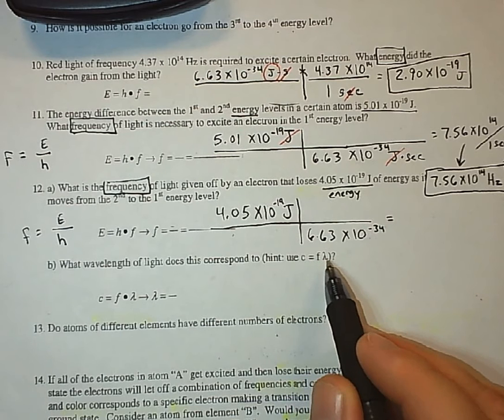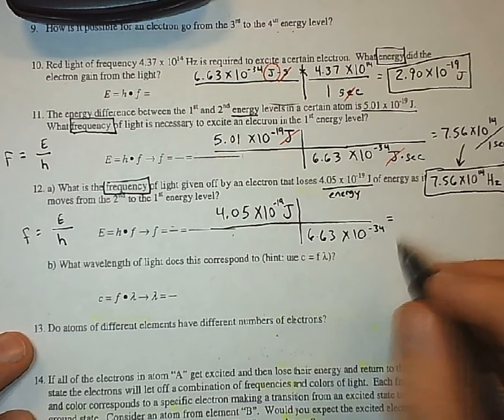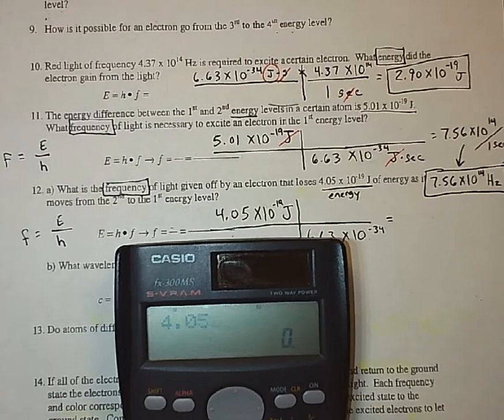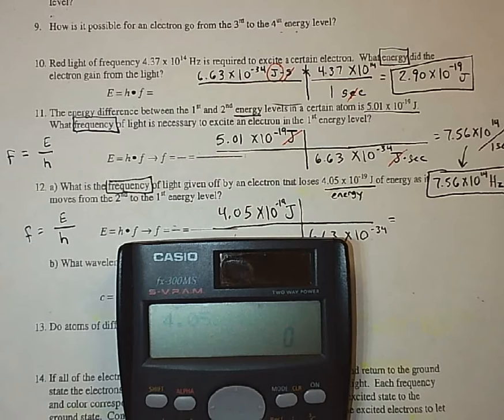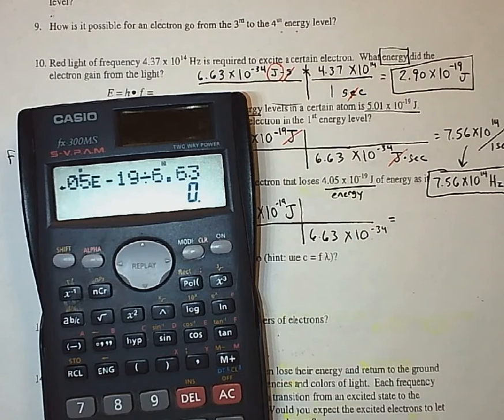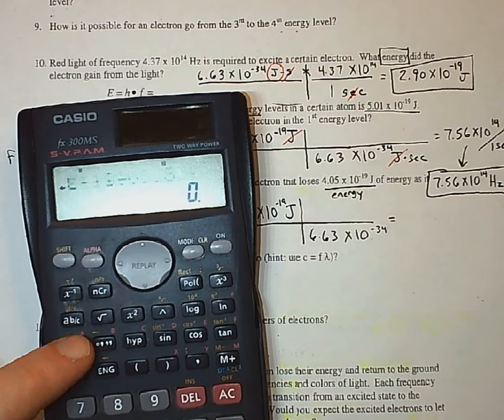So now, when we solve for this problem, let's go ahead and solve it. 4.05 exponent negative 19 divided by 6.63 exponent negative 34.